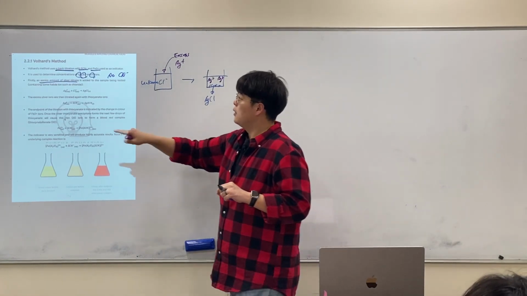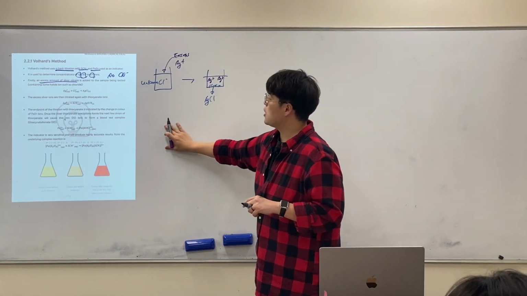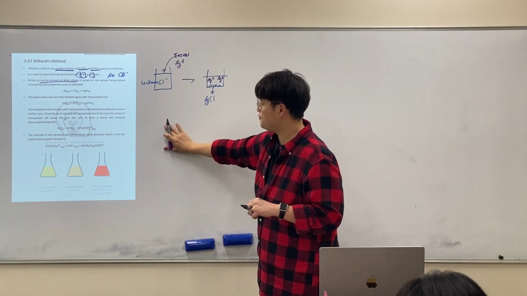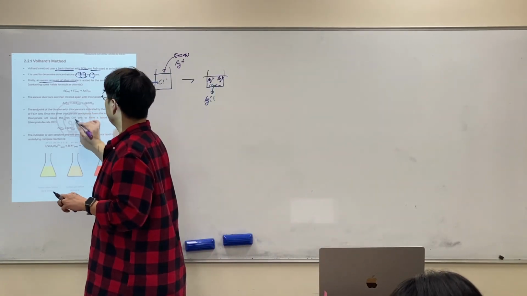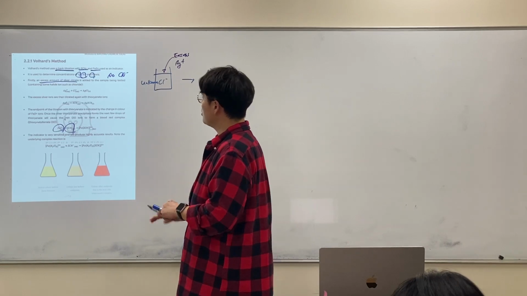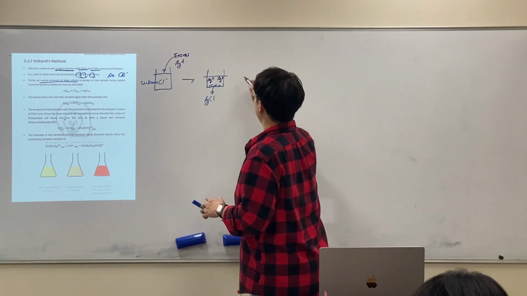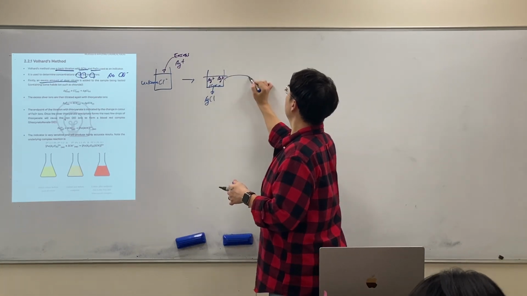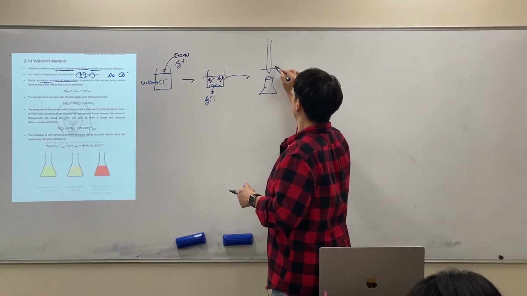Okay, come back. All right, so the excess silver ion is then titrated. We use thiocyanate to titrate it, with the iron 3+ and thiocyanate here again too. So you have that in the conical flask with the burette.